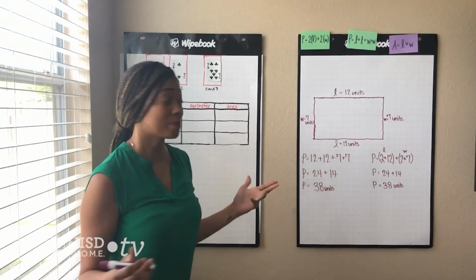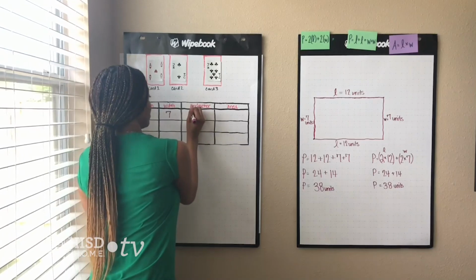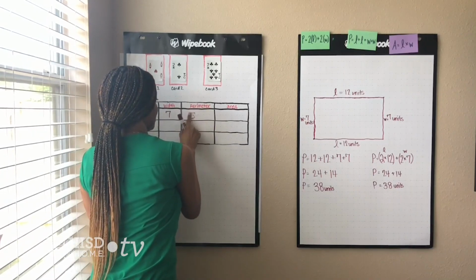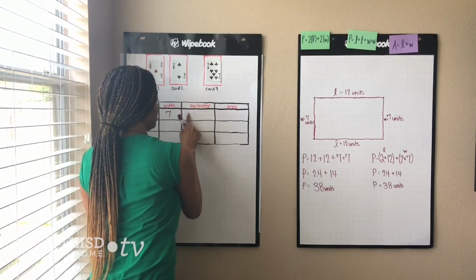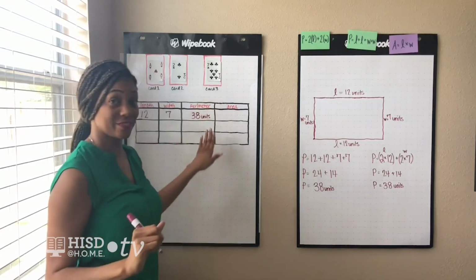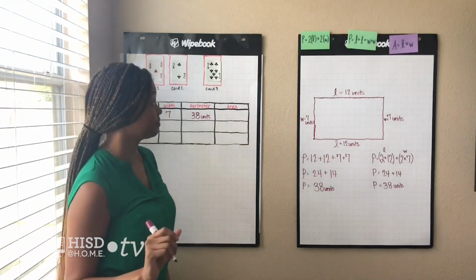Okay, so there, our perimeter is done. I can go back to my table, and where I see perimeter, I'm going to write 38 units. So now I'm ready to find my area.